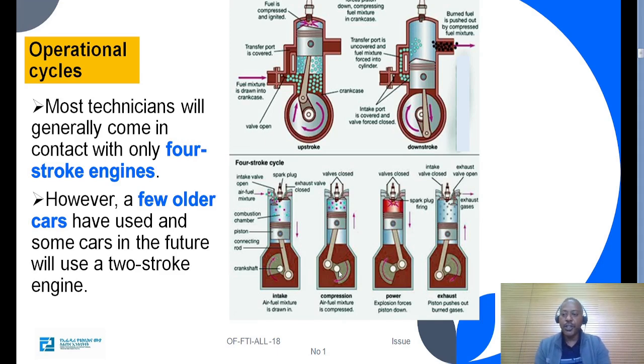So based on the operational cycle, we have a two-stroke cycle engine and a four-stroke cycle engine. The two-stroke cycle engine completes the working cycle within two strokes and with one revolution of the crankshaft, while a four-stroke engine completes four strokes with two revolutions of the crankshaft.